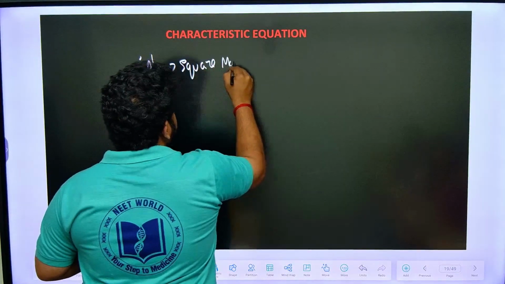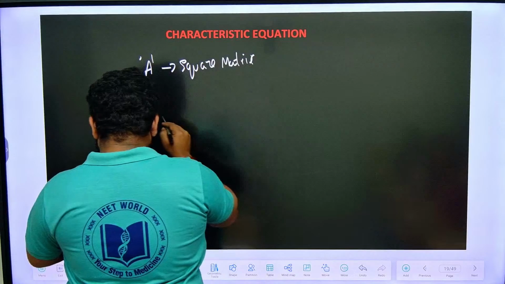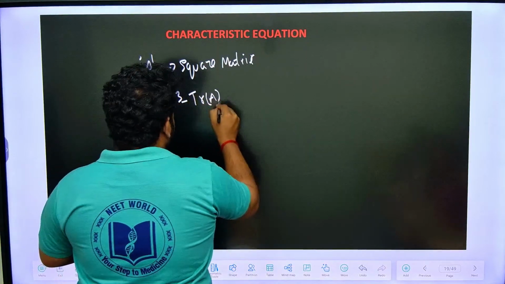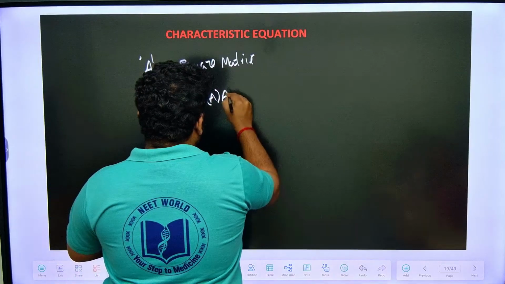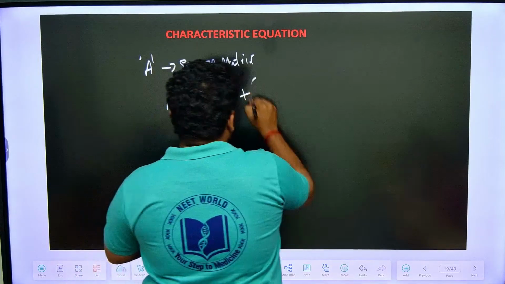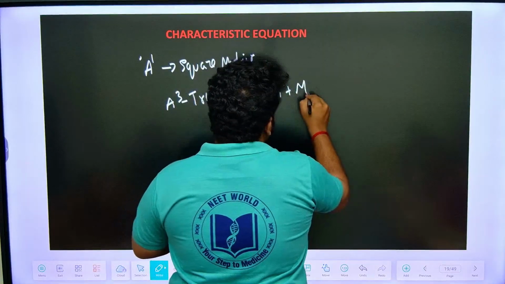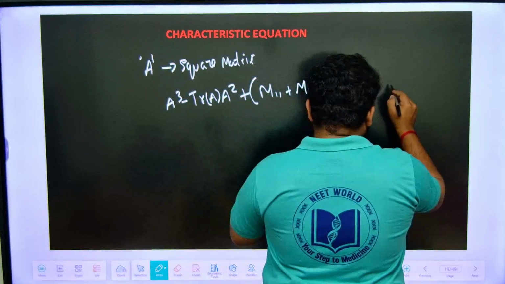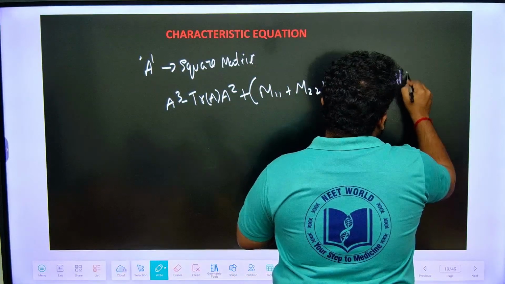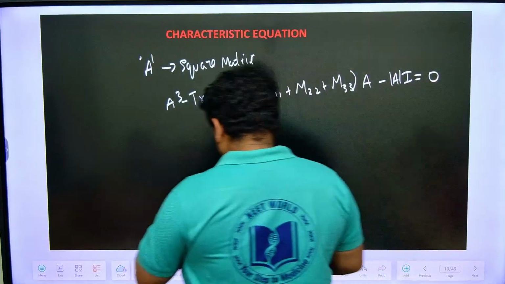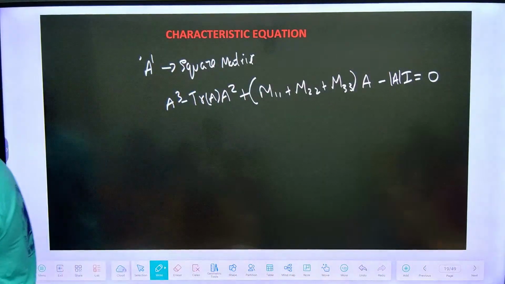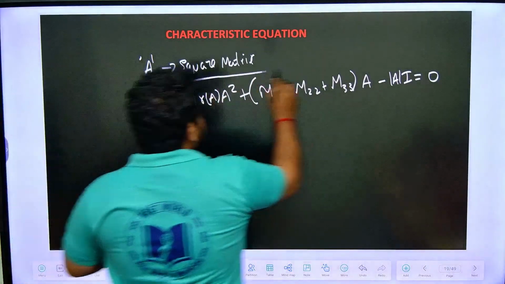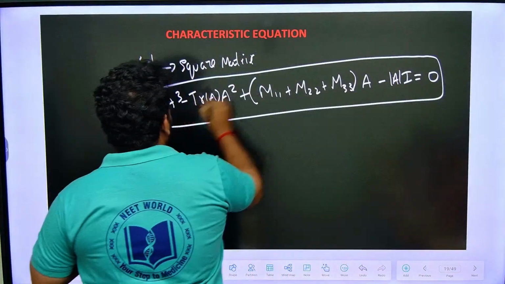Then its characteristic equation is given by A cube minus trace of A into A square plus (M11 plus M22 plus M33) into A minus det of A into I is equal to 0. So this is the characteristic equation of matrix A. This you have to remember.